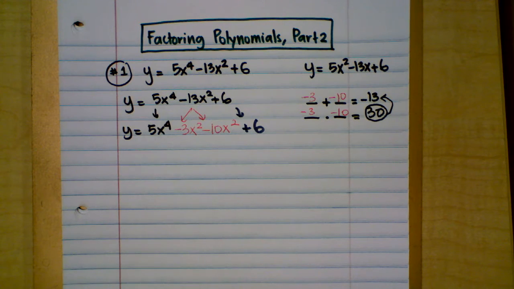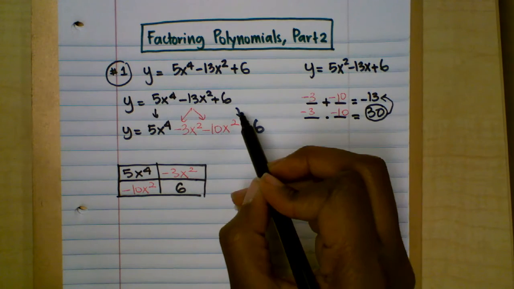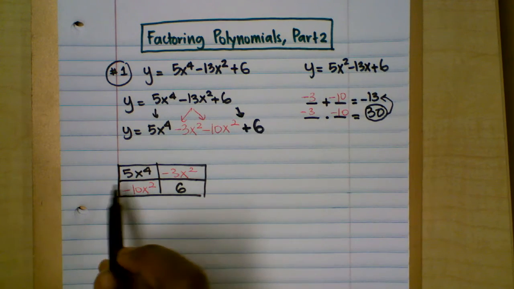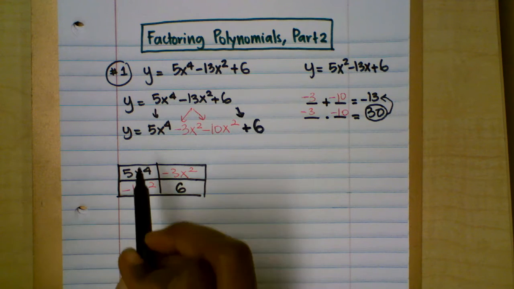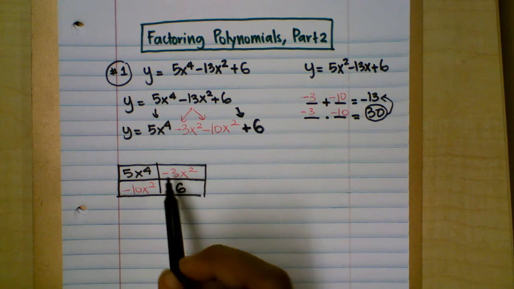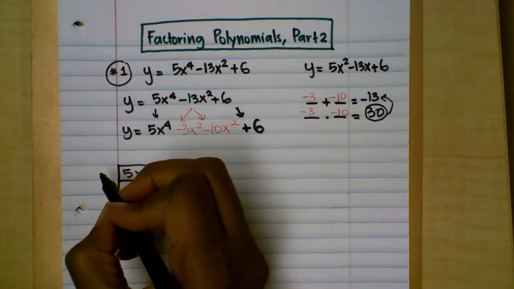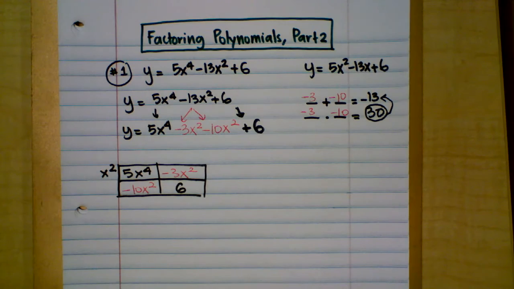Most of you are familiar with the box method. Now all we want to do here is figure out the greatest common factor for each row and for the columns. If you look at the first row, the greatest common factor can only be x squared, because x squared is repeated in x squared as well as in x to the fourth power.